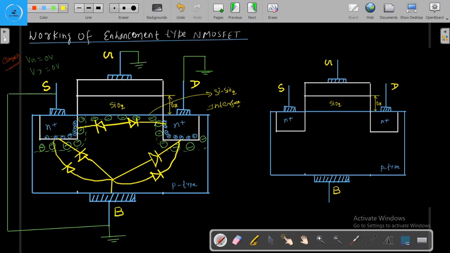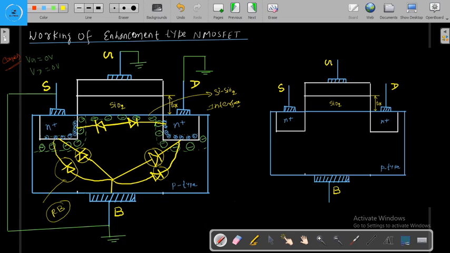Why do we keep the body terminal at lower potential compared to all the other three? Because we want to keep these many diodes in reverse bias. Why do we want to keep these diodes in reverse bias?